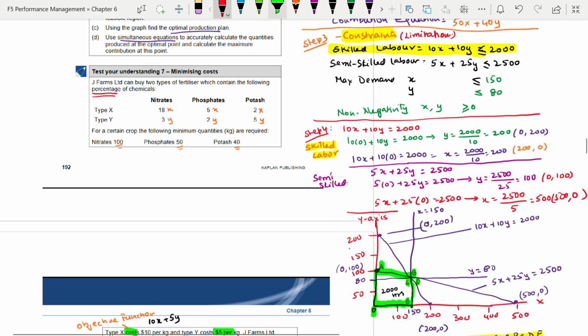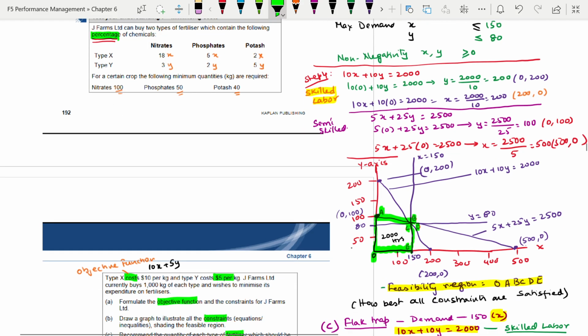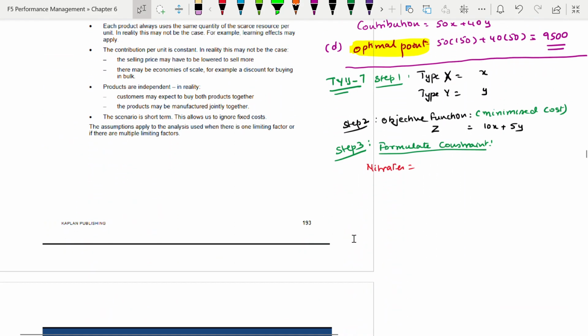Keep it in mind, these are the small things. They are talking about the percentage of chemicals, so that you don't have any confusion.